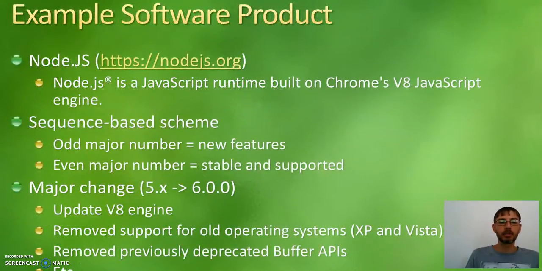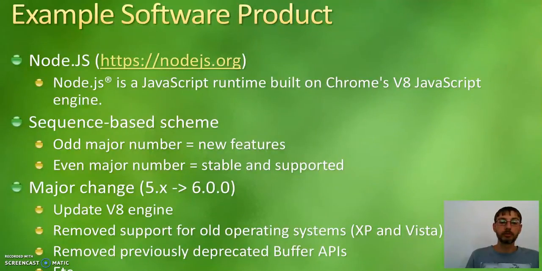The example software product I've chosen is Node.js, and this is a JavaScript runtime that uses the V8 JavaScript engine by Chrome. It's a sequence-based scheme. They have an interesting setup. They use odd major numbers to communicate new features and a less stable product, and even major numbers to communicate stable and supported products.